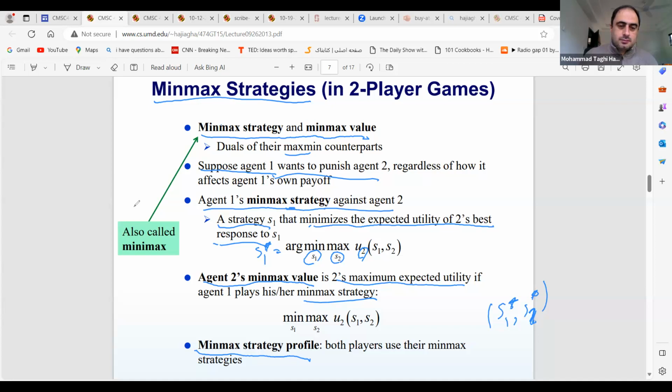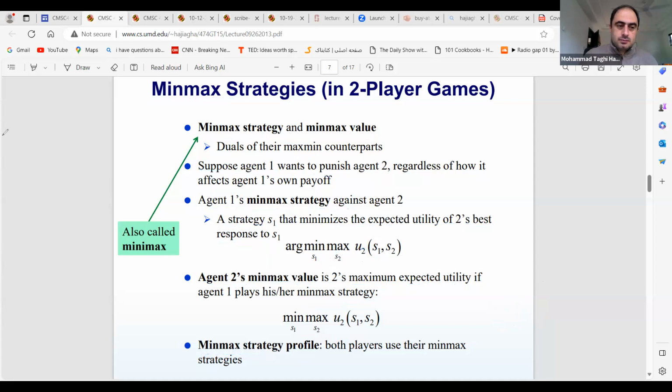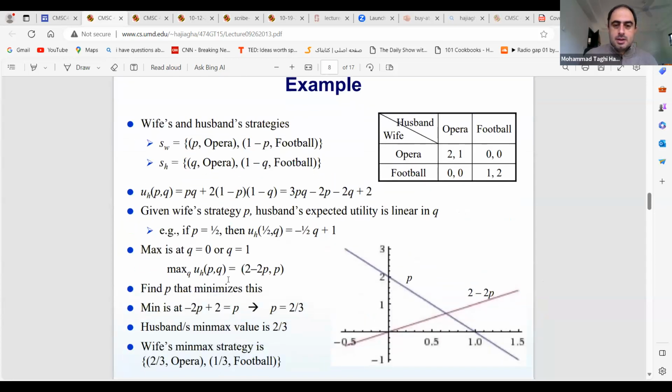Let's see the example for the game that we had. Very similar computation to the previous case.